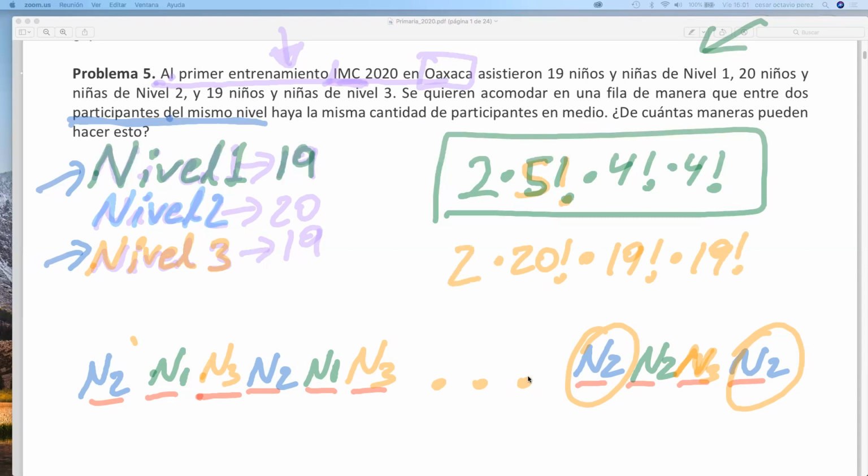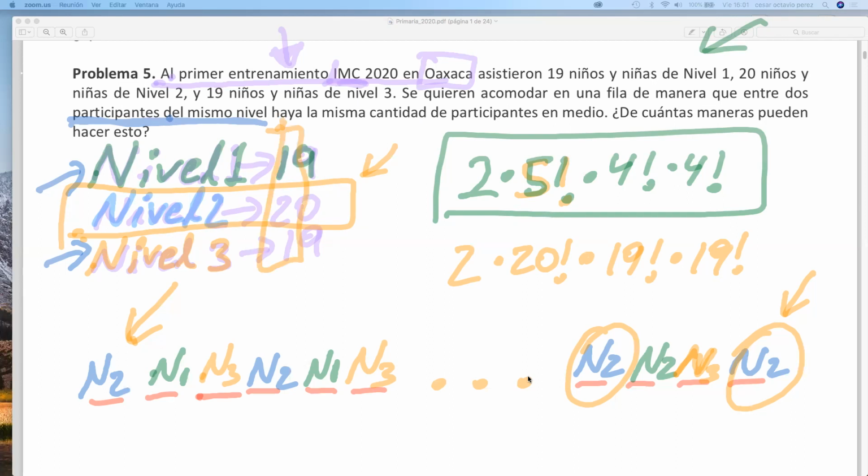Okay? Because we have more students from this level, those are the ones that define, those are fixed. We always need to take 3 students, one from every level.